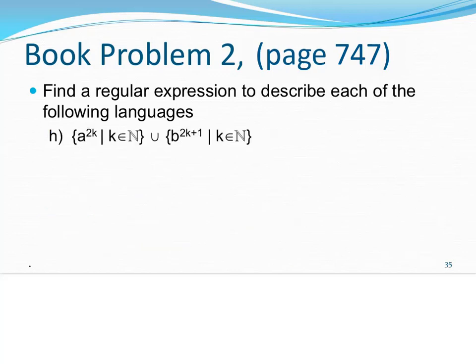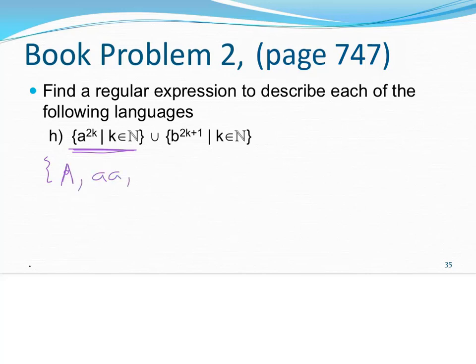So now it's getting even more interesting. What have we got here? We've got to find a regular expression that describes the language. So we have a to the 2k. So what is that? Let's just make sure we know. If k is 0, that would be lambda. And if k is 1, that would be AA.